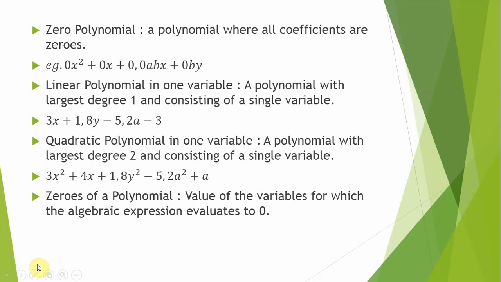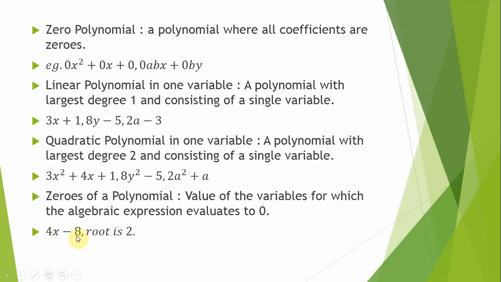Finally, we talk about zeros of a polynomial. The zeros of a polynomial are basically values of the variables for which the algebraic expression evaluates to 0. They are also known as roots. So zeros and roots are interchangeable. An example is 4x minus 8.